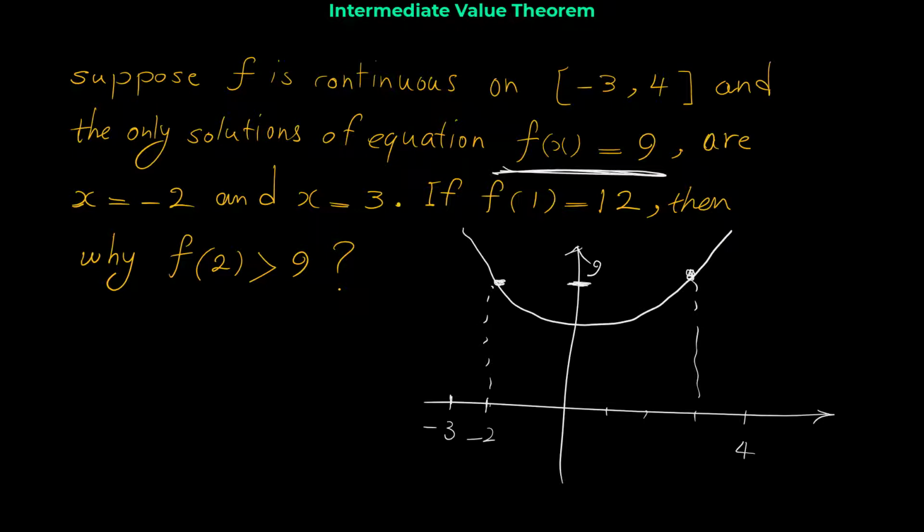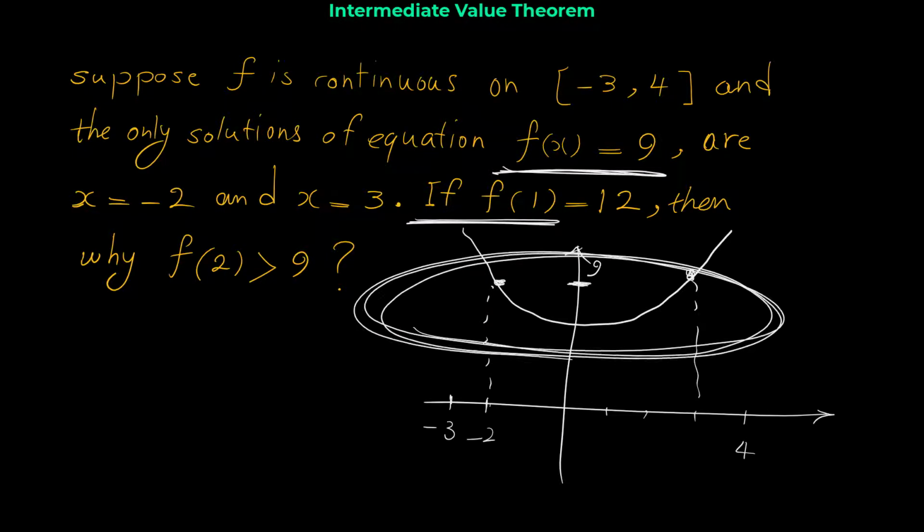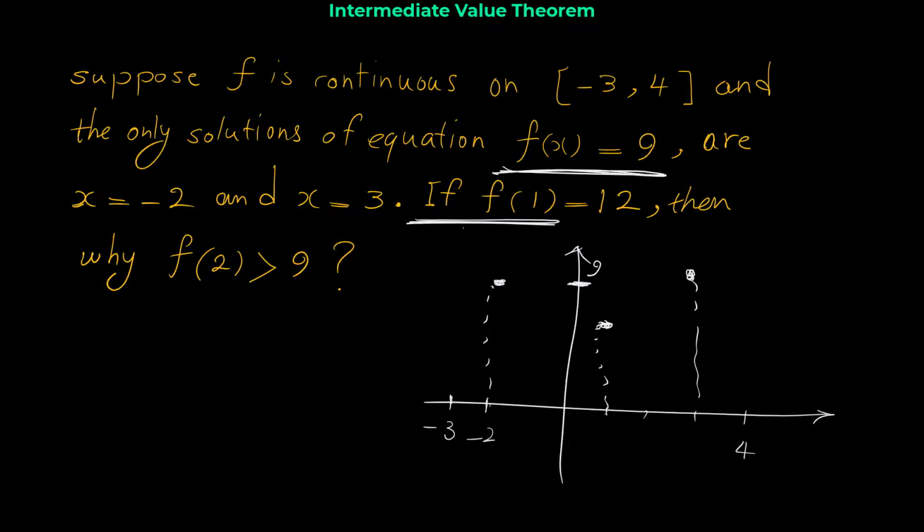But look at this. We also want to have this condition: f of 1 equals 12. So this graph for f doesn't satisfy that condition, because if you look, f of 1 right now is something like 5, 6. It's less than 9. So I have to change my graph. The other graph that I showed you before works in this case.